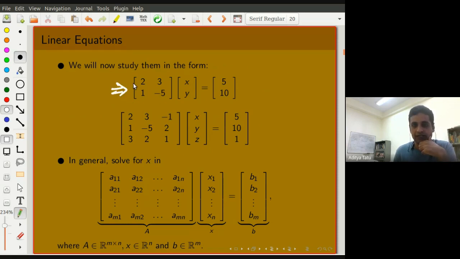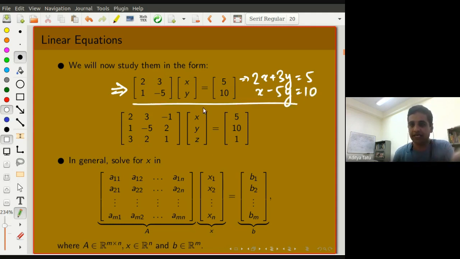If I take the first row, that will be 2x plus 3y is 5, and the second is x minus 5y is 10. Okay. So is everybody aware of this, the matrix form of linear equations? Yes, sir. Okay. Great.